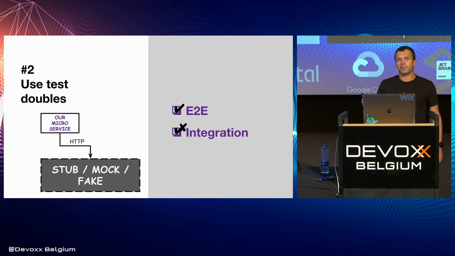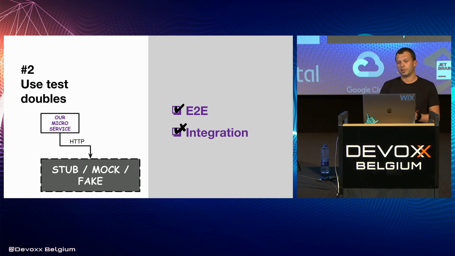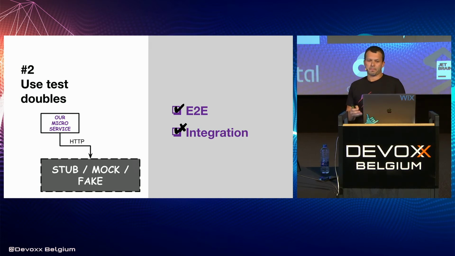So let's sum it up, this method. For the end-to-end, it solves our problem. But for the integration, it's partial, because we implement the test doubles, and it will work the way we assume, and not the way it works in the real world. And you can't trust them.